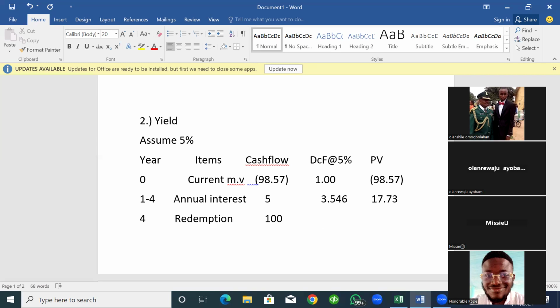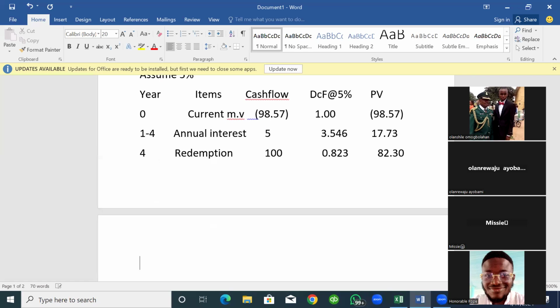Am I correct? What is the discount factor for year 4? 0.823. Yeah, I'm using 10%. 0.83. This should be 82.30, yeah? 82.27. 82.30.